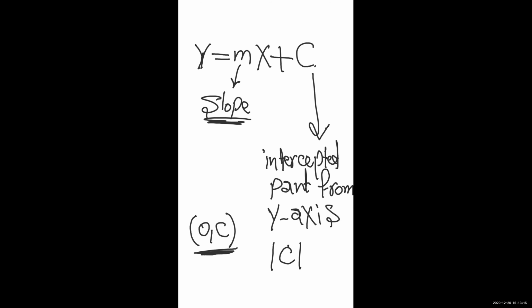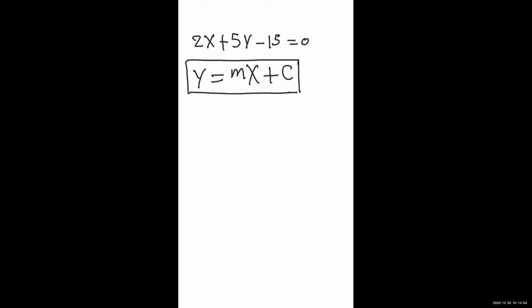Okay, let's solve one example so that we can understand this point more. Find the slope of the straight line 2x plus 5y minus 15 equals 0, and the intercepted part from the y-axis. Guys, we said that first we have to write the equation in the form y equals mx plus c. This is the general form. Now, 2x plus 5y minus 15 equals 0.